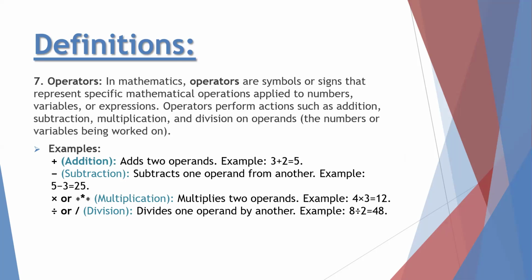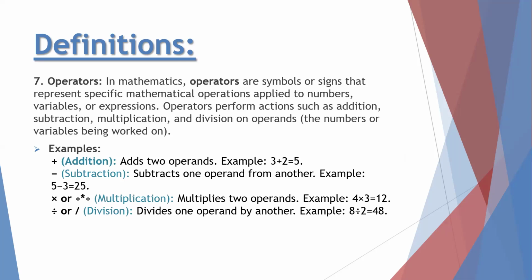So here are a few examples of different operators used in the algebraic expression. First one is addition, which adds two operands, for example 3 plus 2, you get the answer 5. Minus means subtraction, which subtracts one operand from another. It means 5 minus 3, you will get the answer 2.